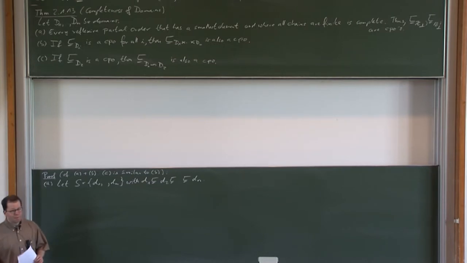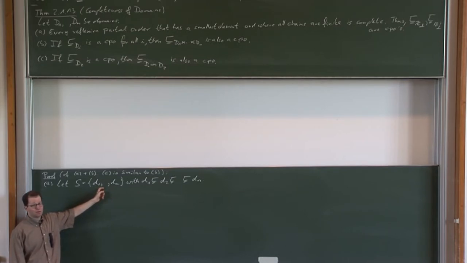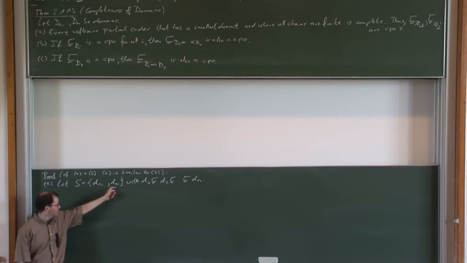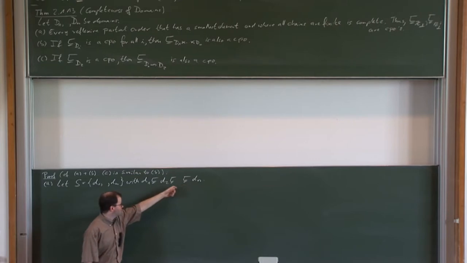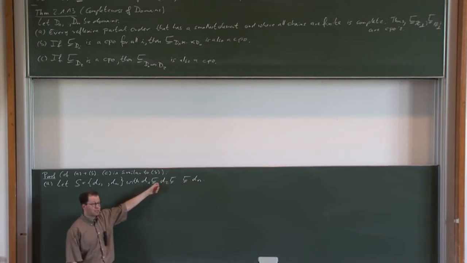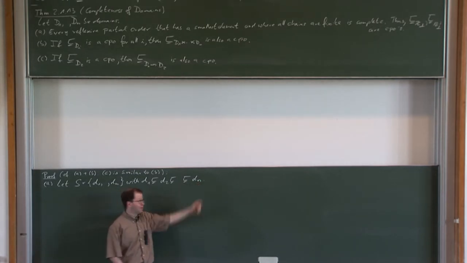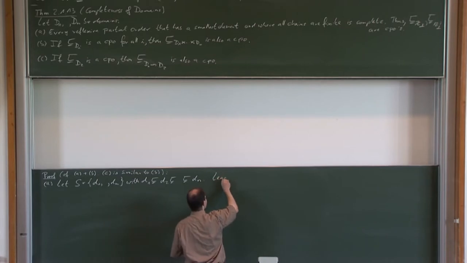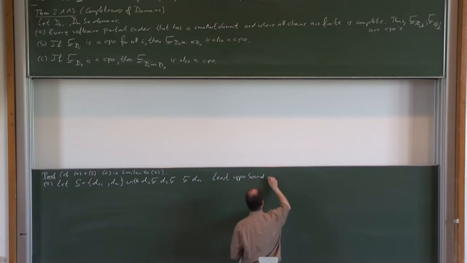Least upper bound means it's bigger or equal than every element in here, and it's the smallest such upper bound. Now there are not many possibilities. What is the biggest element in this set? Well, it's Dn. Dn is bigger than Dn minus 1, bigger than Dn minus 3, bigger than D1. So Dn is obviously an upper bound, and it's clearly the least upper bound. So the least upper bound indeed exists.